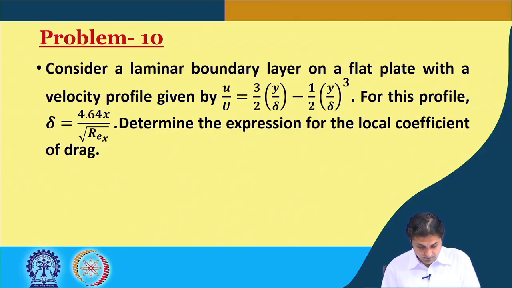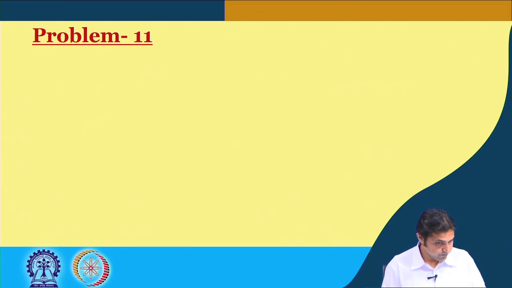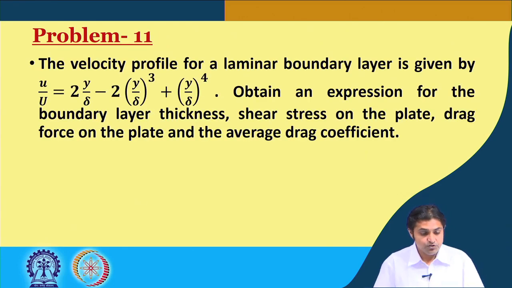One more problem. The velocity profile for the laminar boundary layer is given, so it's not a cubic but has one more term. Obtain an expression for boundary layer thickness, shear stress on the plate, drag force on the plate, and the average drag coefficient.